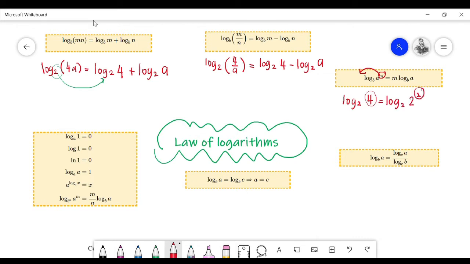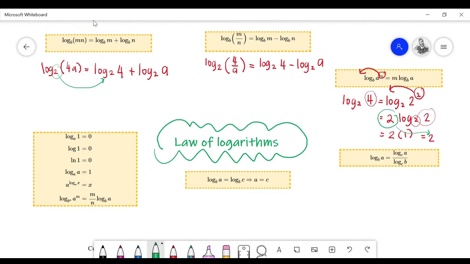Now you can bring this 2 to the front, then it is equal to 2 log base 2 of 2. When you have the same base and argument, it is equal to 1. Then it will be equal to 2, only 2.